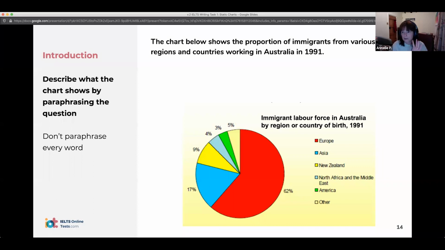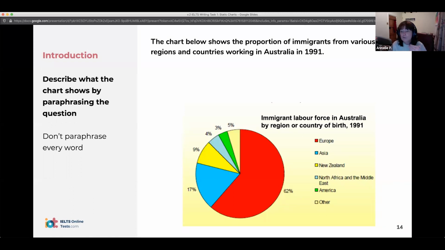So, you know, don't go crazy with the paraphrasing, but those kinds of words like shows, various, proportion, these are the kinds of general academic words where you can use synonyms, you can use paraphrase.